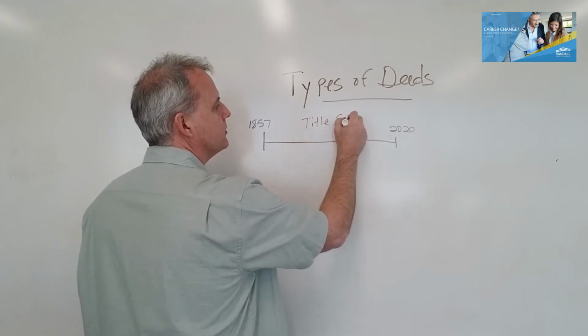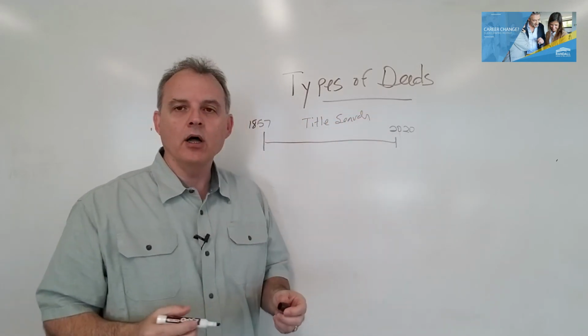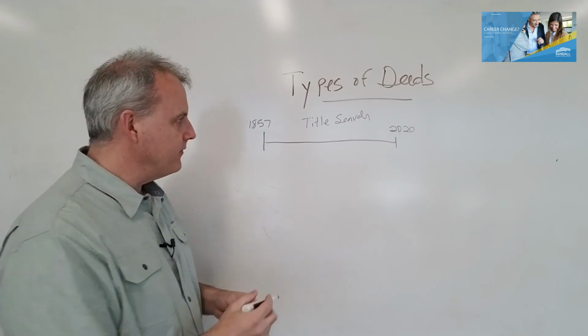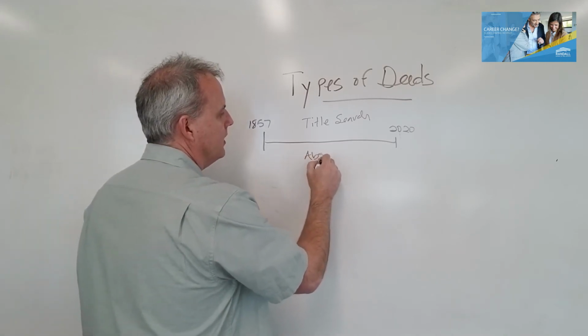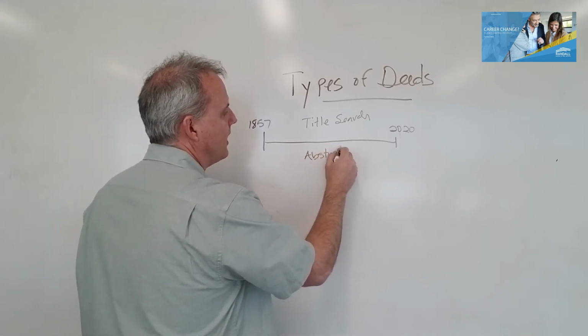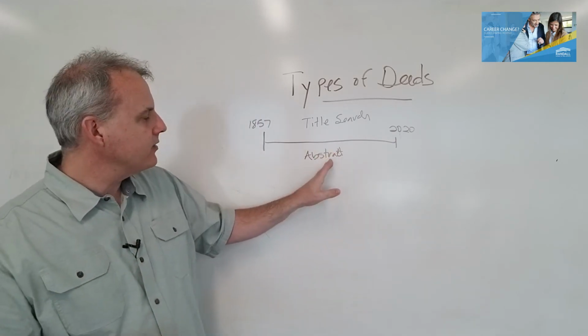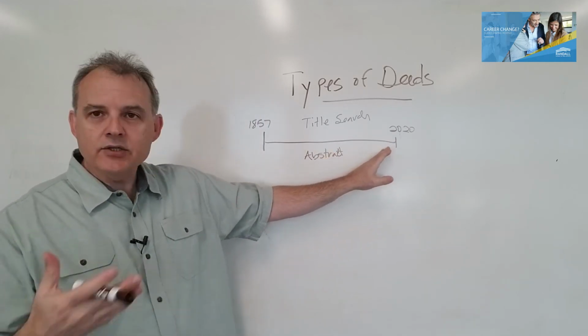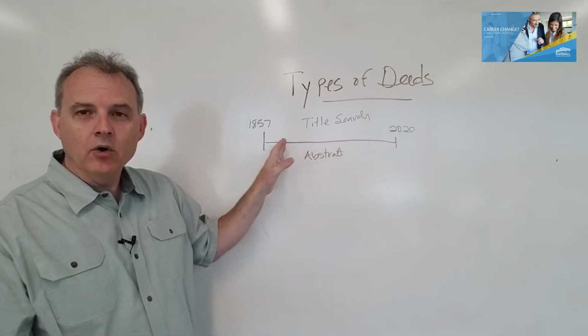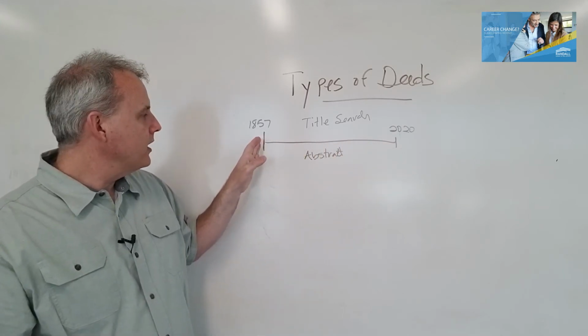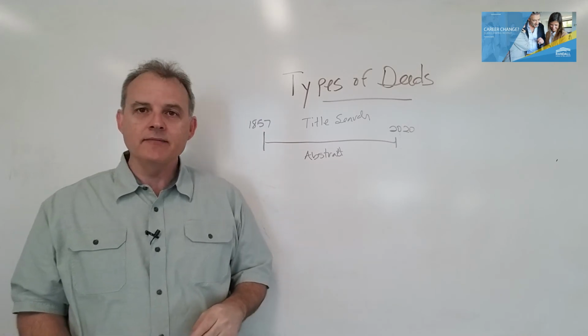T-I-T-L-E, a title search. Some states will do what we call an abstract, depending on if you're a deed state. Basically, a title search or an abstract is a history report of ownership. So they're going to go all the way back to 1857.